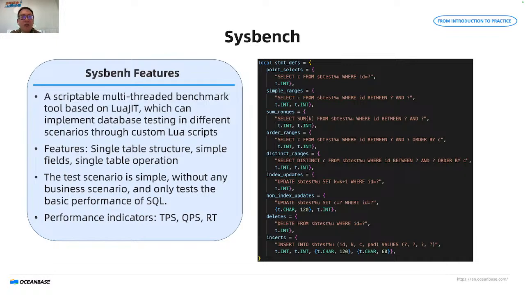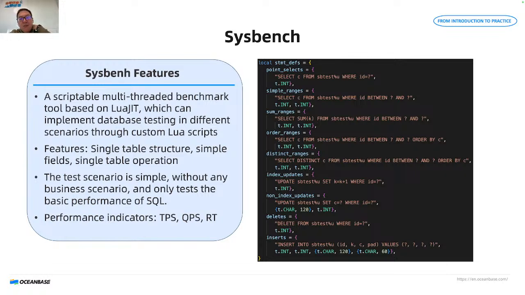The right figure shows the 9 SQL statements of Sysbench, including point select, range query, sum range query, sort range query, and others. You can see that all operations are single table operations without complex table join queries.